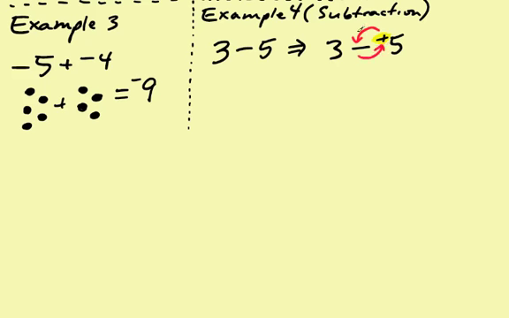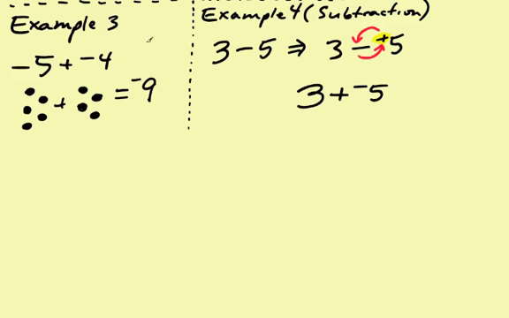The positive moves over here where the subtraction sign is, and the subtraction becomes a minus sign. So the new way that we can write this problem is 3 plus a negative 5.